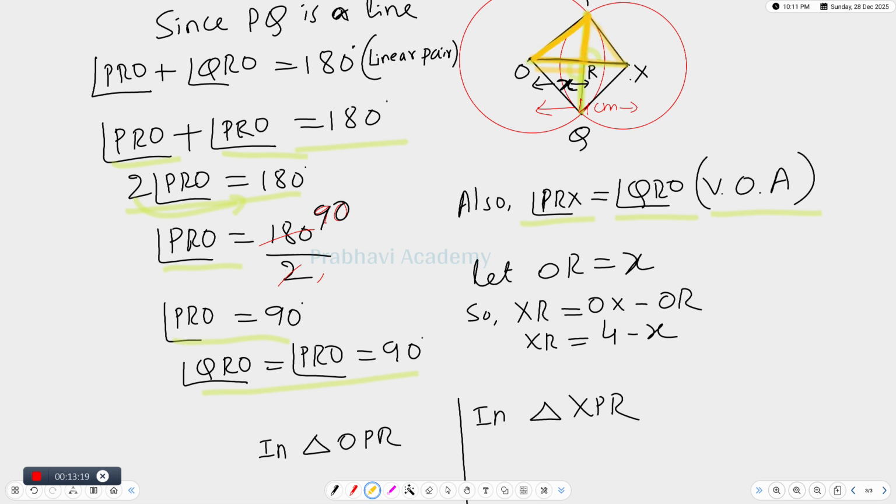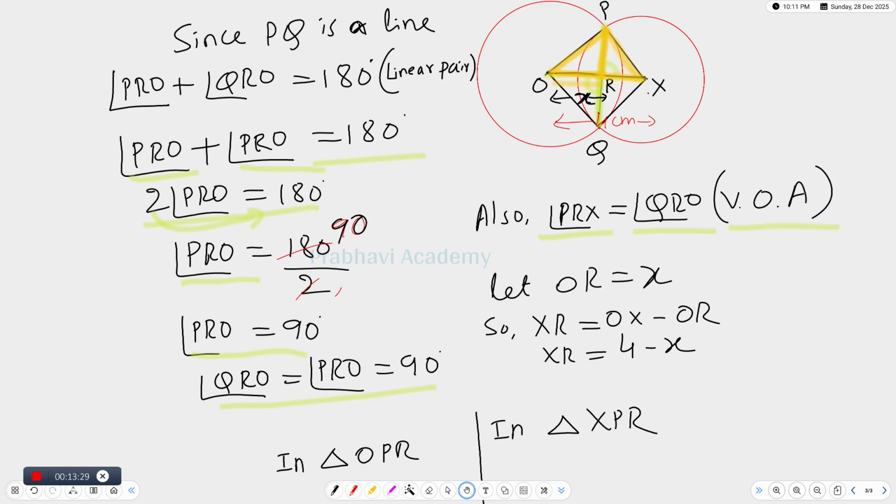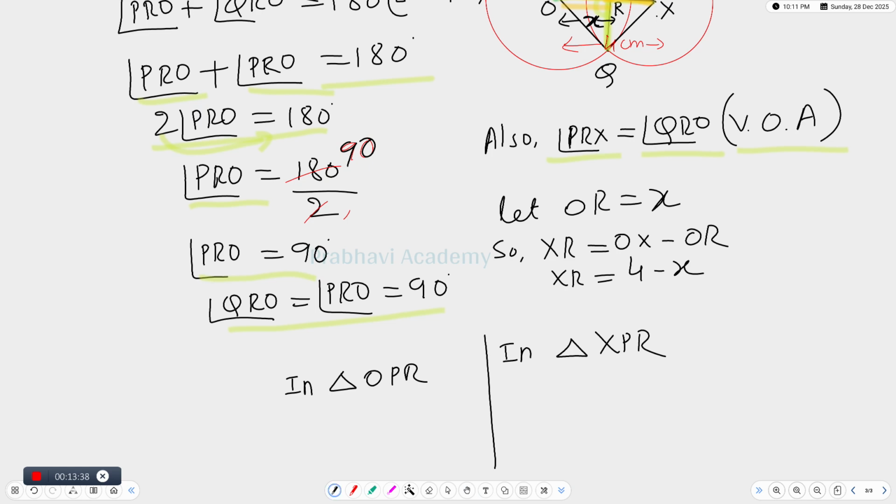In these two triangles, let us see what happens. Applying Pythagoras theorem in OPR, the hypotenuse is OP. So hypotenuse square, that is OP square, is equal to PR square plus OR square.